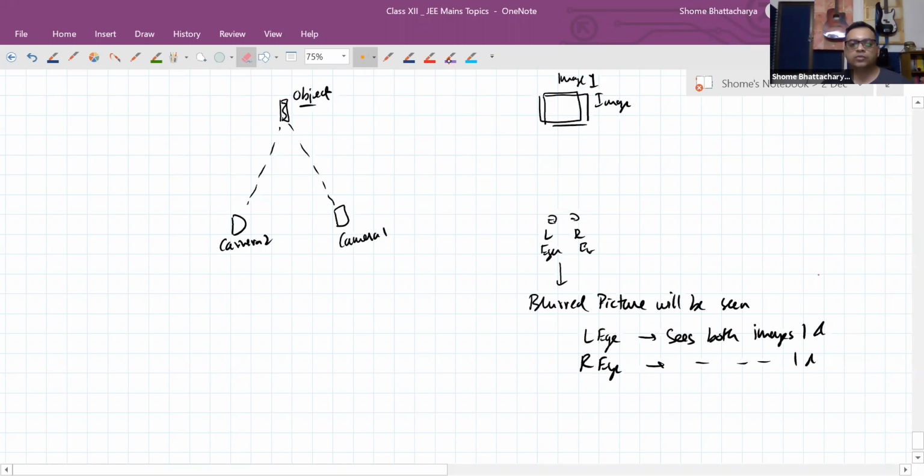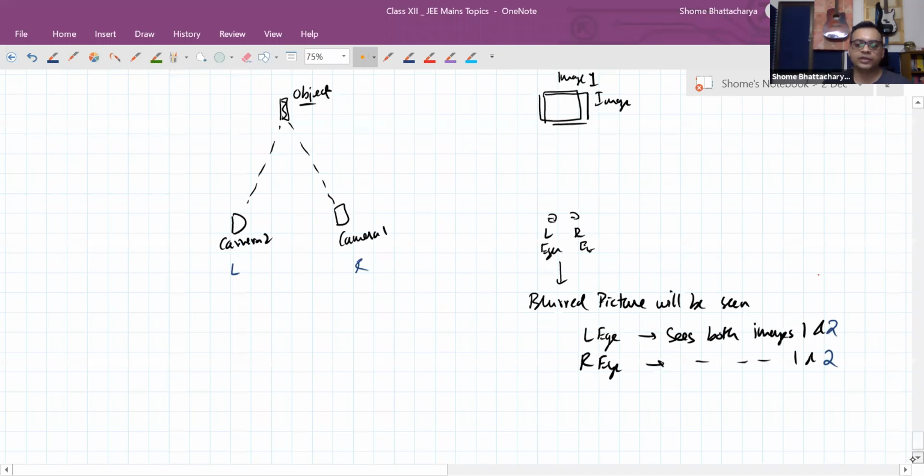In order to properly perceive the three-dimensional depth, we want the left eye to see only what camera 2 has taken, so image 2, and the right eye to see only what camera 1 has taken. So that is where Polaroid comes in.